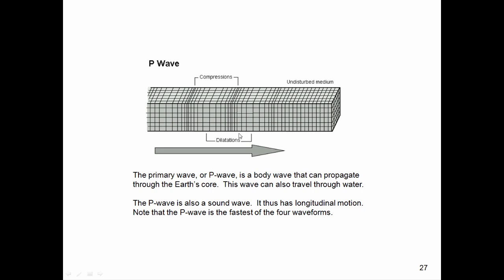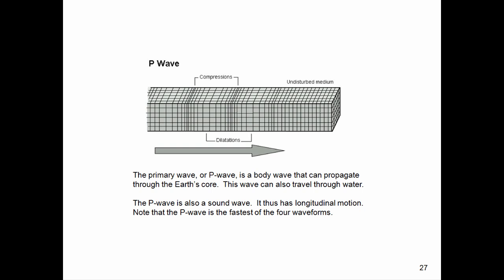So we get this compression and stretching as the waveform propagates along. Think about it like a slinky. Take a slinky in your hands, and if you could hold it horizontally, moving from right to left or left to right, with that slinky stretched a bit, you're exciting it so that the alternate stretching and compression occurs.